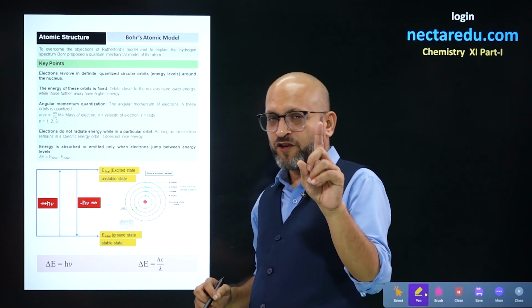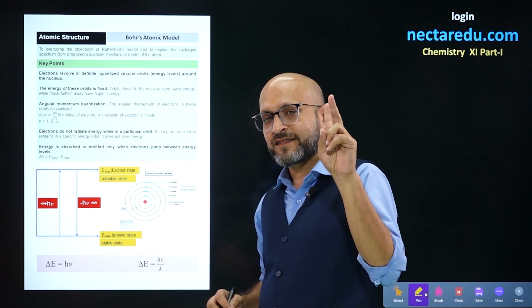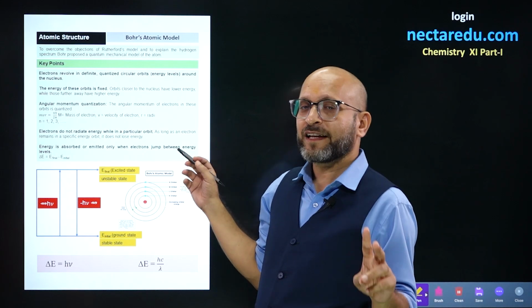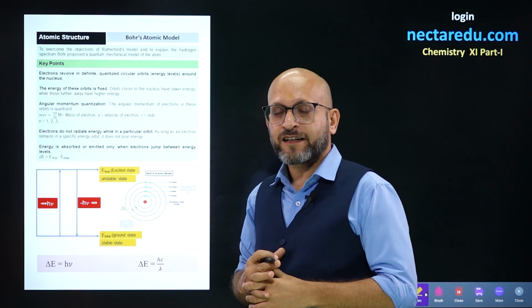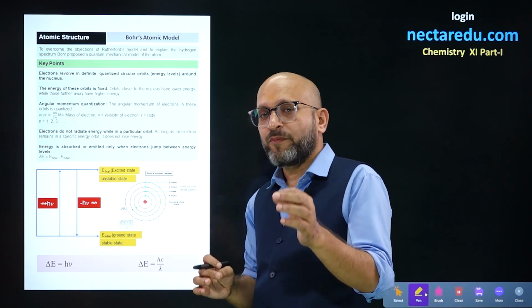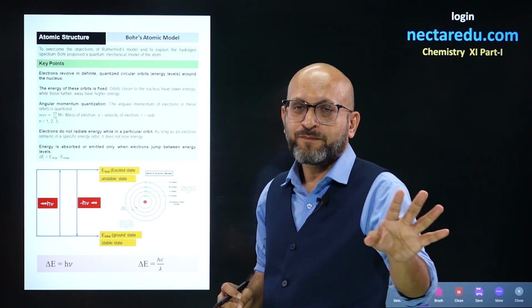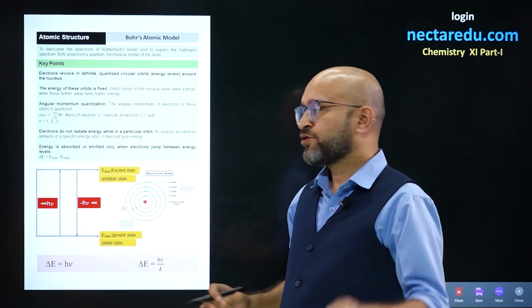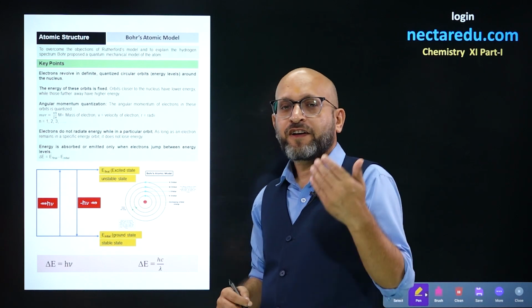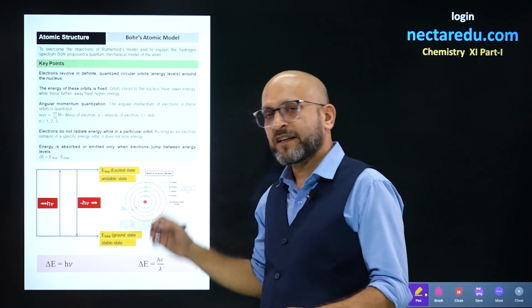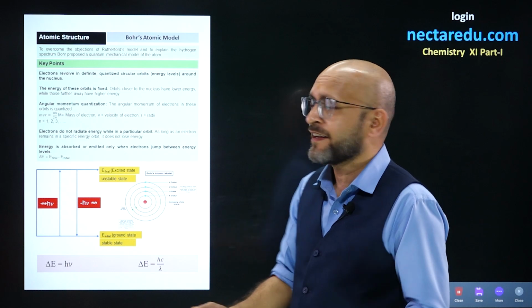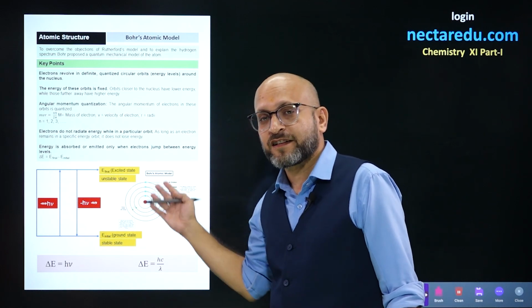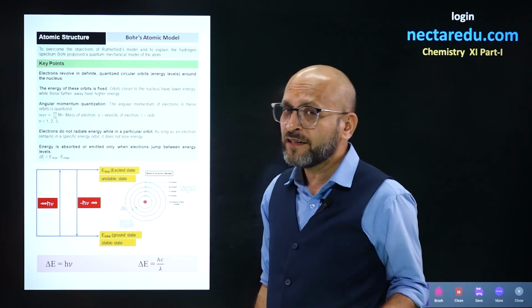The first name was orbit, then we called it shell, and now we are calling it stationary state. Stationary state, orbit or shell, all are the same. If anybody says shell, orbit, or stationary state, it is the circular path in which the electron is revolving around the nucleus.